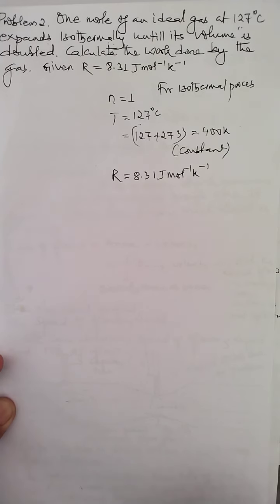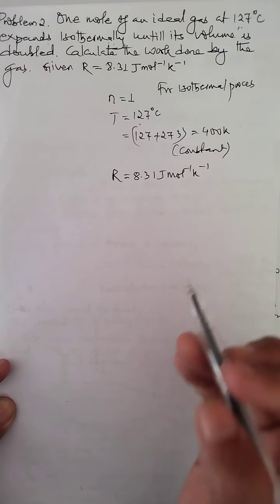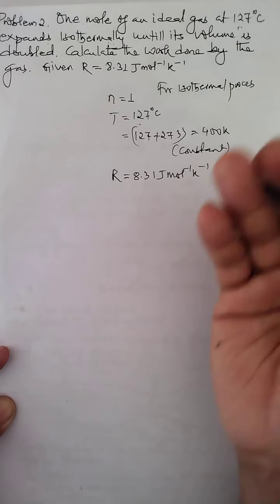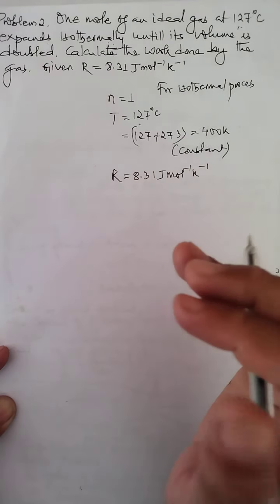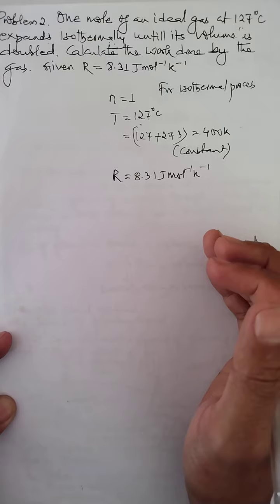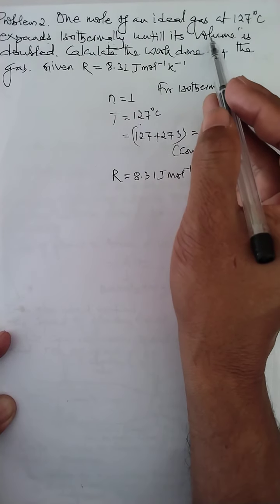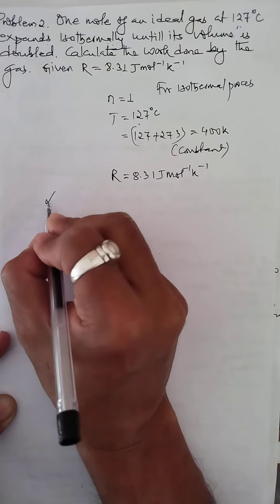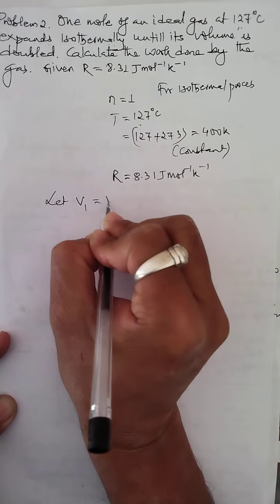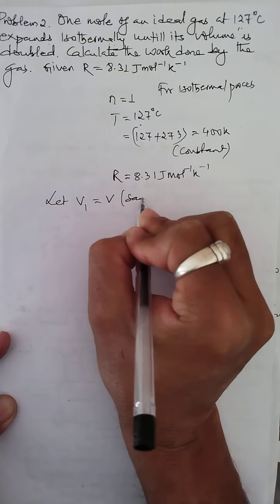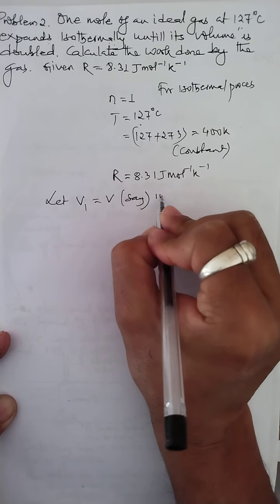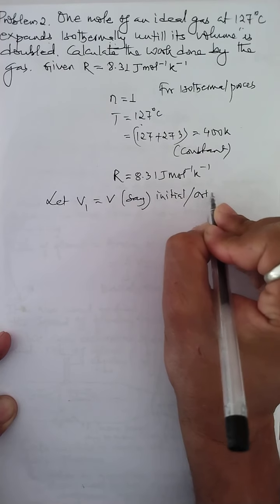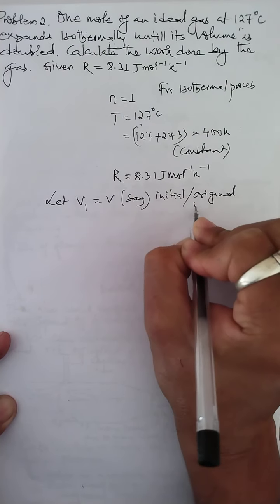Now in this question, if you see what is happening, the volume is changing. The volume is getting expanded isothermally, from the original volume to double the original volume. So you do know the initial volume. Let me write V1 equals V, the initial volume, also called the original volume.